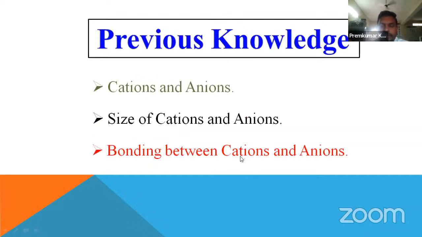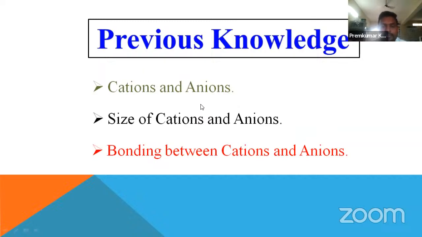Regarding this topic, I will ask some questions about previous knowledge, so that students can give answers if they have any knowledge regarding these ionic solids. For example, these solids are made up of cations and anions.